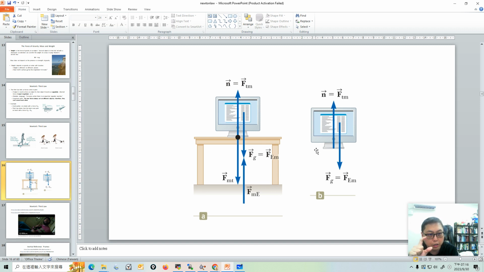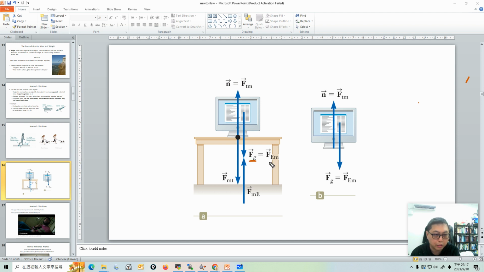If a monitor is sitting on a table, intuitively there's gravity, which is called the weight.